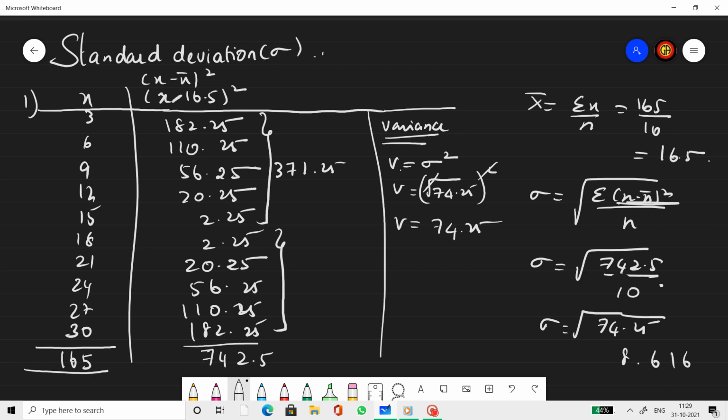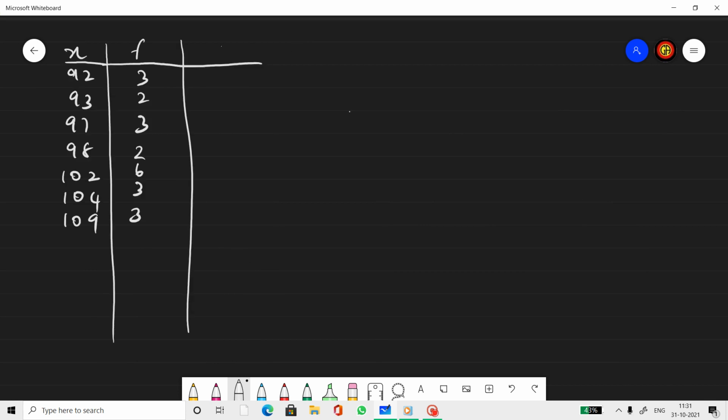Now let's take a sum under discrete data and see how to find the SD and variance for that. So X and F is given. This is a discrete data type where we are going to find the mean and then find SD using the mean.